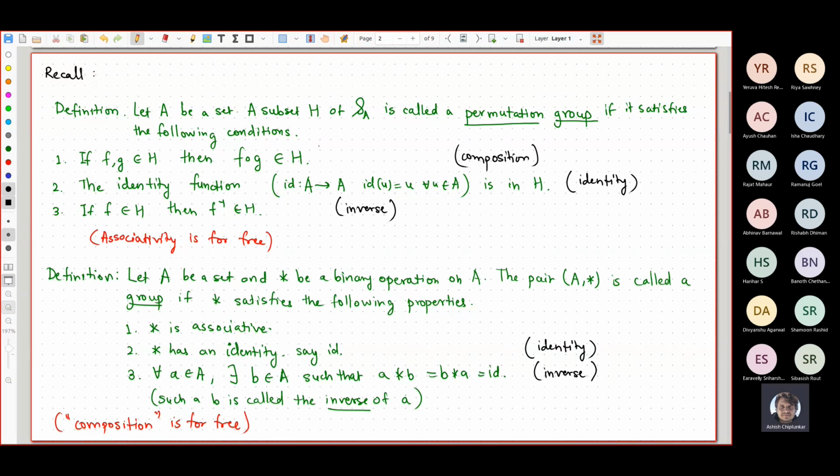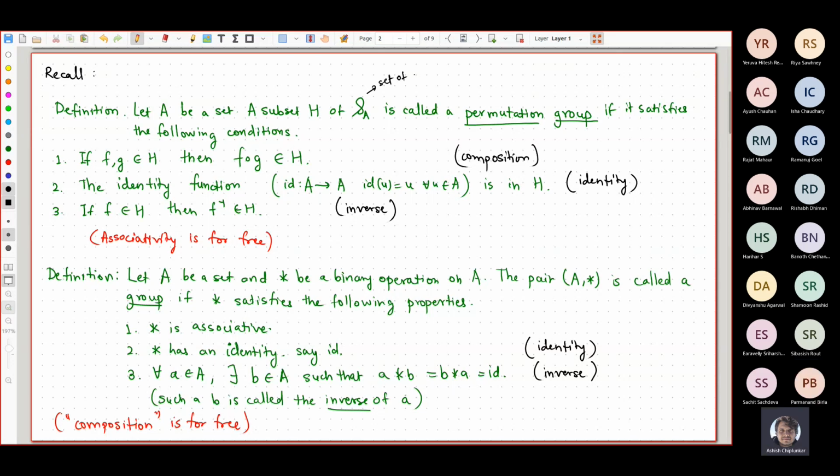If A is a set, then by S_A we denote the set of permutations of A, or in other words, the set of bijections from A to A. Then we call a subset of this set of bijections a permutation group if it satisfies three conditions. The composition of two bijections in the set must also be in the set. The identity bijection should necessarily be in the set. And finally, if some bijection is in the set, then its inverse bijection must also be in the set.